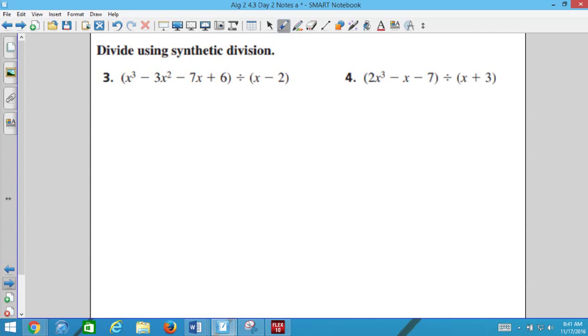So what do you guys think? Is it easy to maybe make a silly mistake on this stuff? Yeah. Like 4 plus 0 is 4, plus 0 is... it's so easy to make silly mistakes on these.